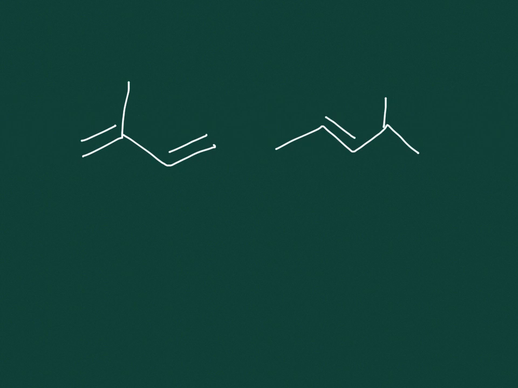I just want to make sure that you realize you can have conjugated dienes with just carbon. Let's just draw this again. Okay, here's an example of a conjugated diene, but you can also conjugate bonds with heteroatoms. So this would be a conjugated enone.